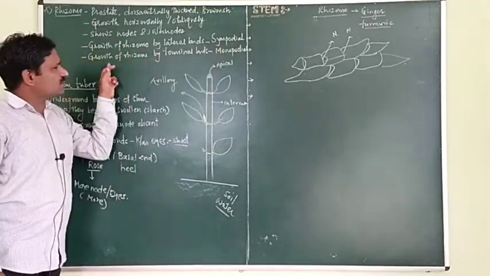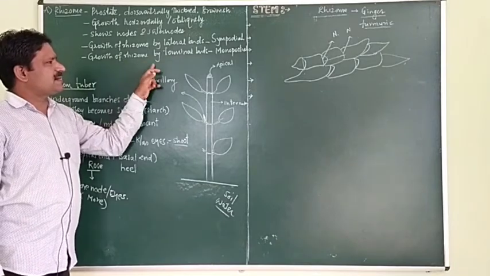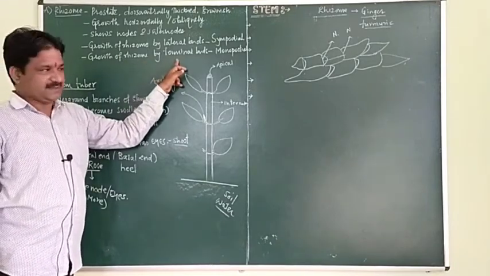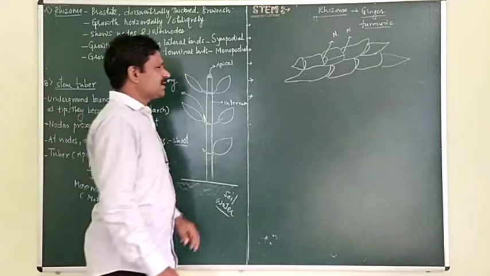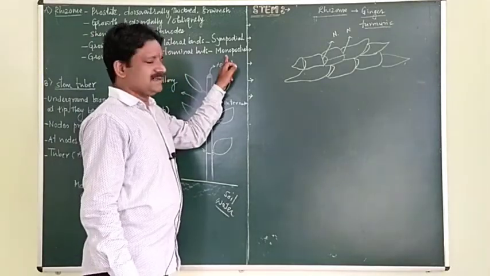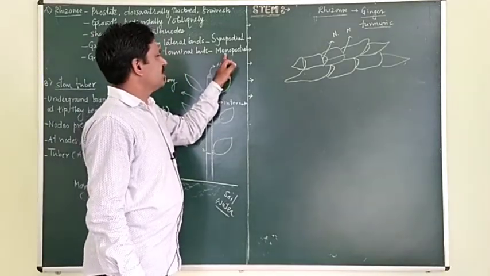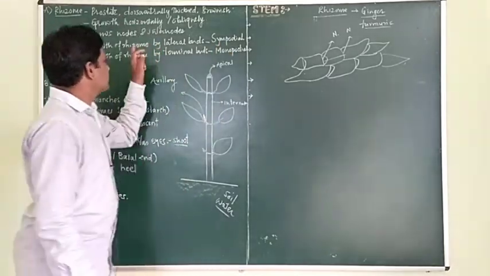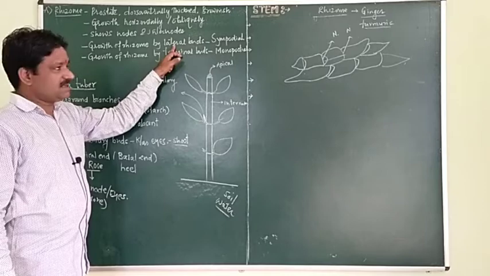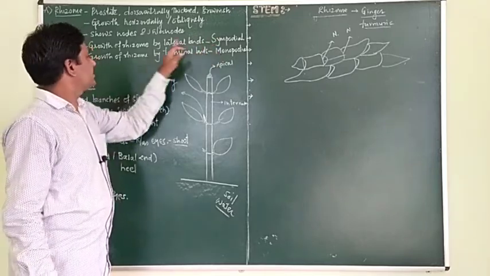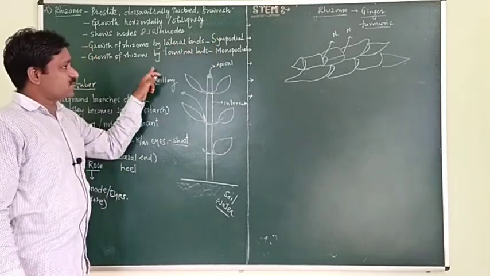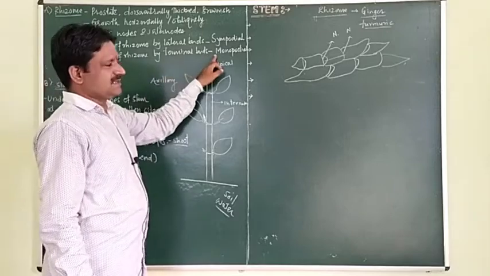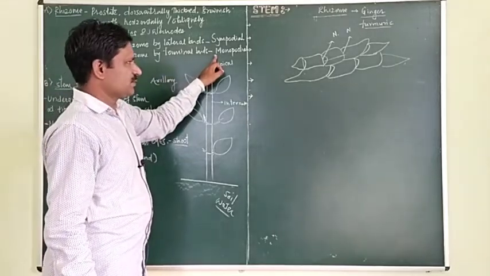And if the growth of the rhizome takes place by the terminal buds, then the growth is called monopodial growth.